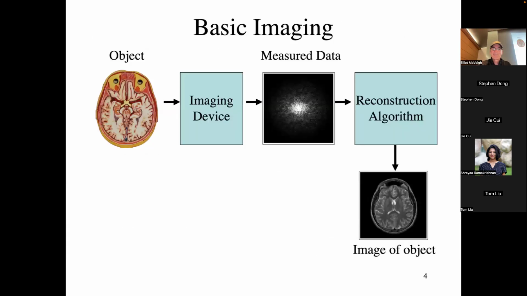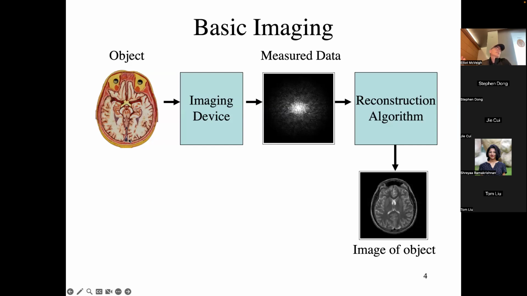But it's okay. So the basic principle, or the basic machine that we're going to look at: we have an object. In this case, it's a cartoon of somebody's brain. This is called an axial slice. It's like you take a cut like this through the brain and look right at the brain. There are obviously different tissues in there, and different spaces and bone and all this stuff. The imaging device is going to measure a signal from this object.